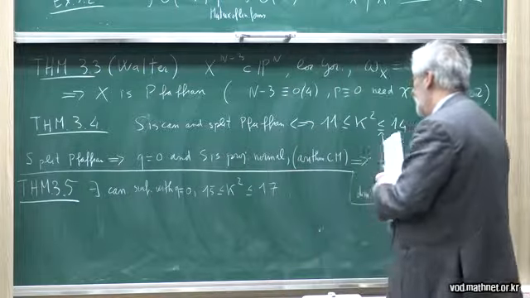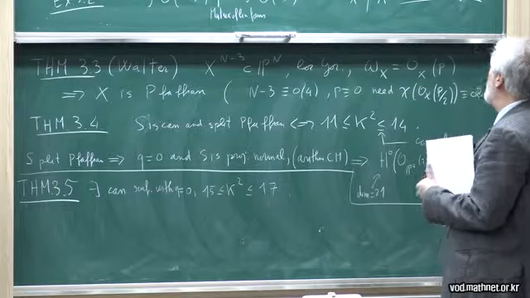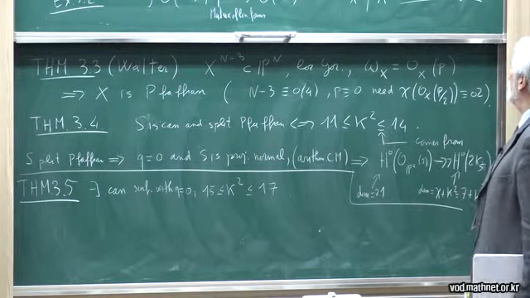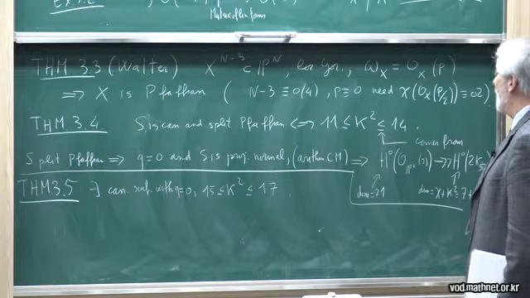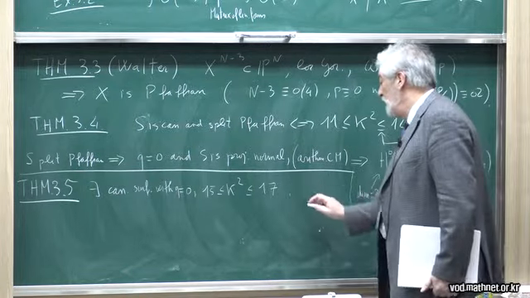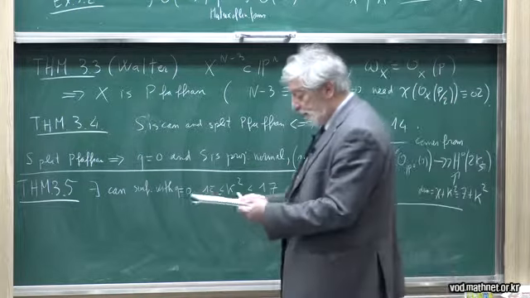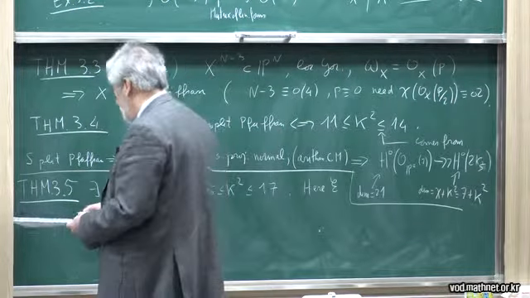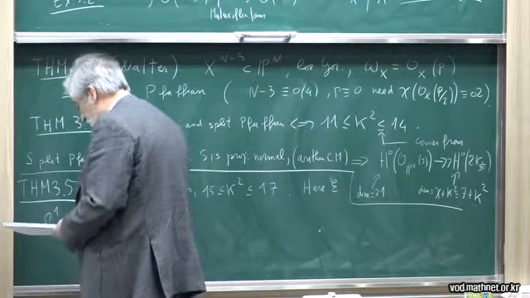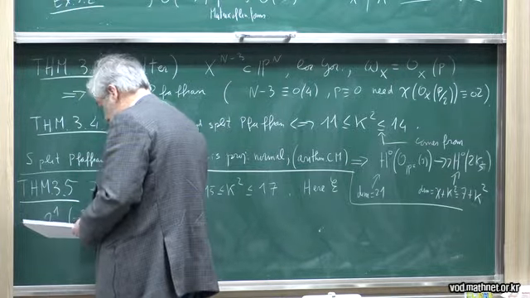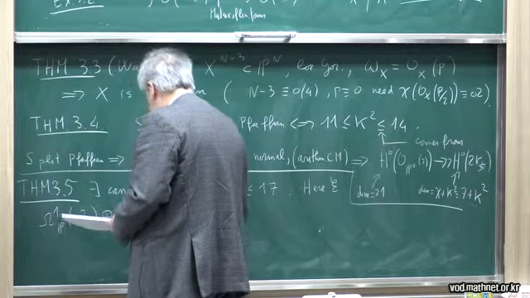Now, this bundle E is no longer a direct sum of line bundles. So I have to tell you what E is. It's quite simple for k squared equal 15: Omega 1 of P5 twisted by minus 2 plus 4 copies of O minus 3.